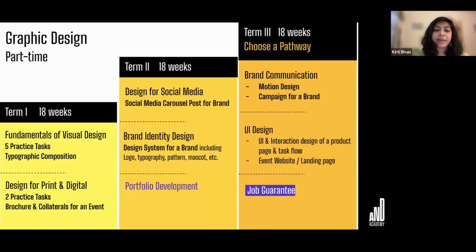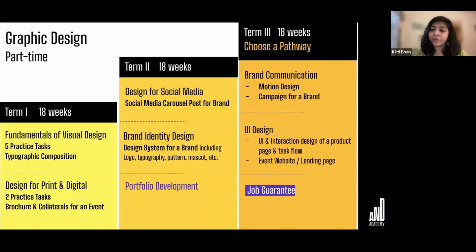The second one is brand identity design, where you will be designing a system for a hypothetical brand, in which you will make a logo, typography, pattern, mascot, etc. You will also get portfolio development sessions, particularly to enhance how you want to exhibit your portfolios on Behance.